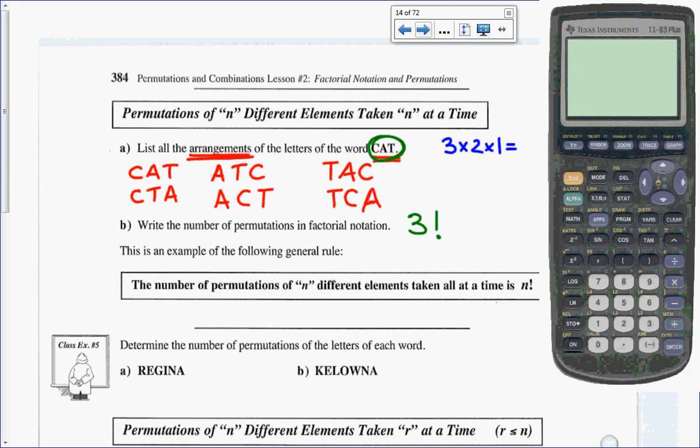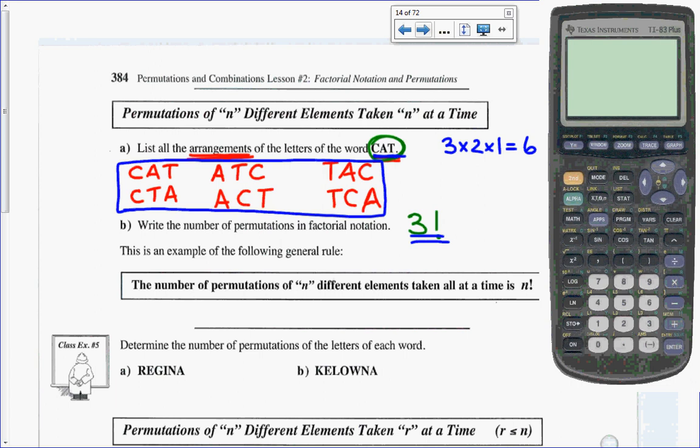How many is that? 3 times 2 is 6, times 1 is 6. So 3 factorial is 6. And this is how many different ways we could arrange those 3 letters, okay? So when you are using all of the letters in a word, or all of the numbers that you're given, then you can write it as a factorial to arrange those letters, okay?